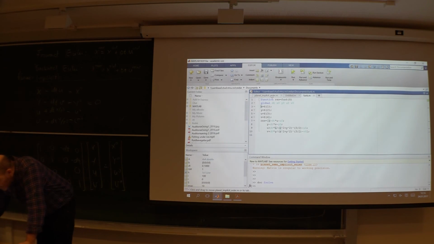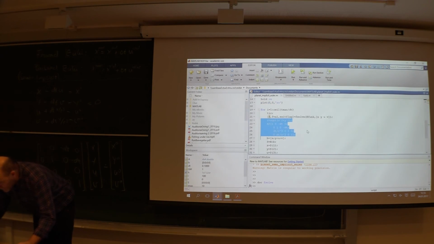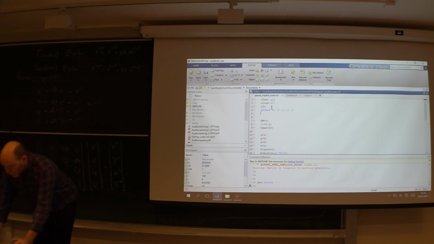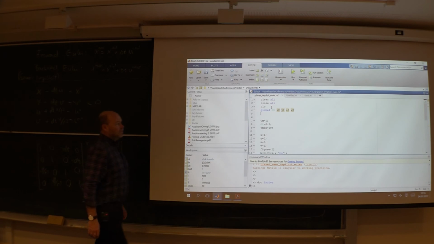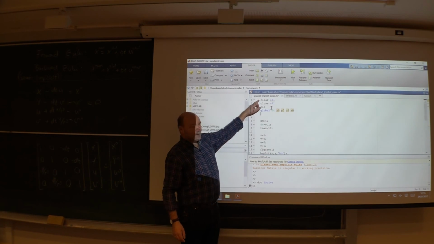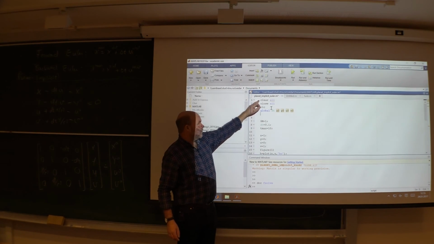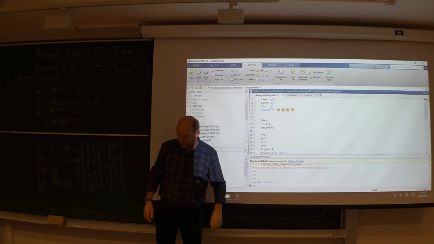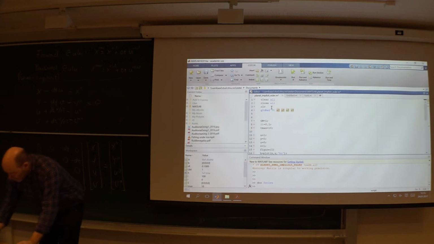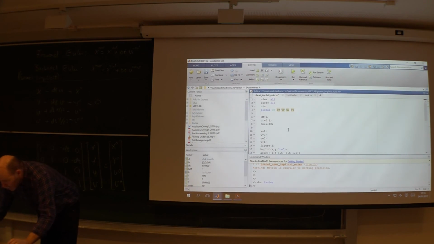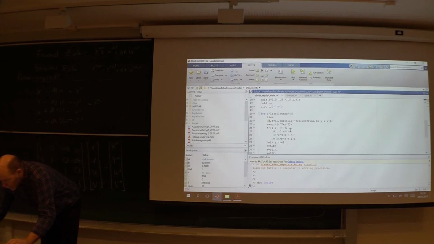Then we're going back to my implicit Euler and insert the global sentence here. Not above clear all, then you're in trouble. Clear all clears the memory, so put it here. Okay.